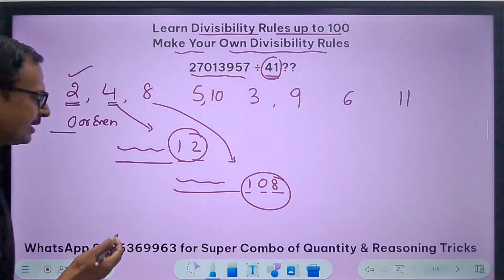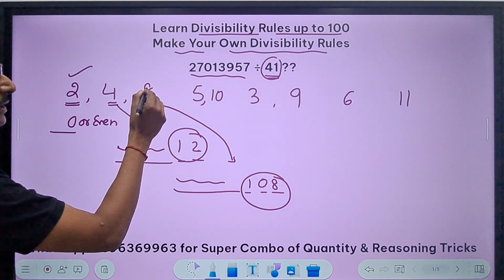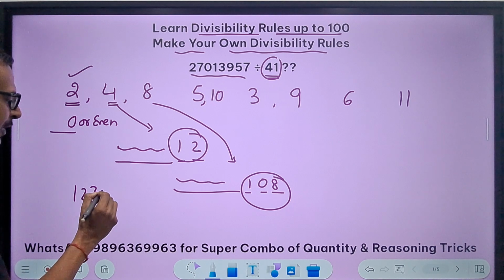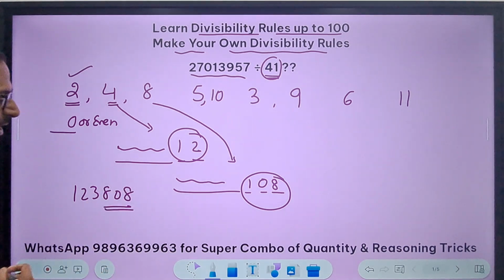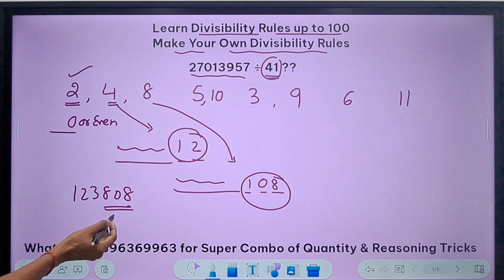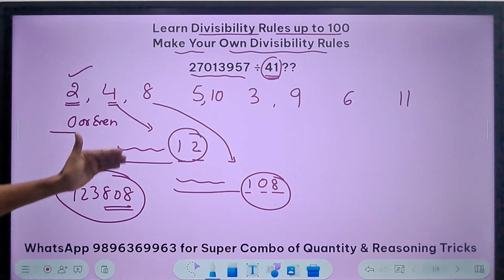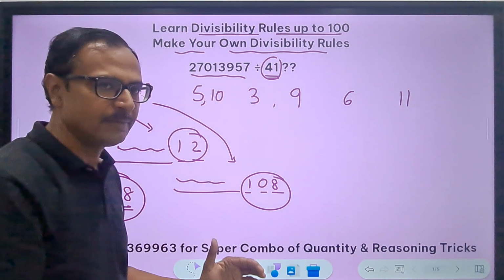So if I take some other example where the last 3 digits are divisible by 8, suppose you have a number like 1, 2, 3 and then 808. Now see the last 3 digits, 808 obviously is divisible by 8. So the entire number 1, 2, 3, 808 is divisible by 8. So 2, 4 and 8, they go hand in hand.